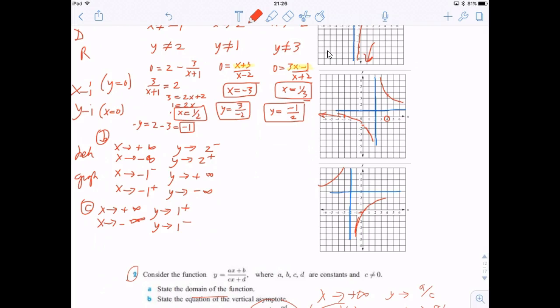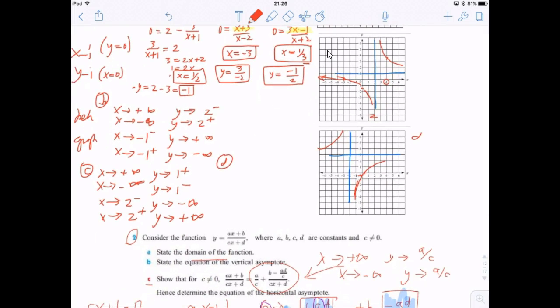And as x approaches 2 from the left, I'm going to approach negative infinity. As x approaches 2 from the right, I'm going to approach positive infinity. Okay, what about D?